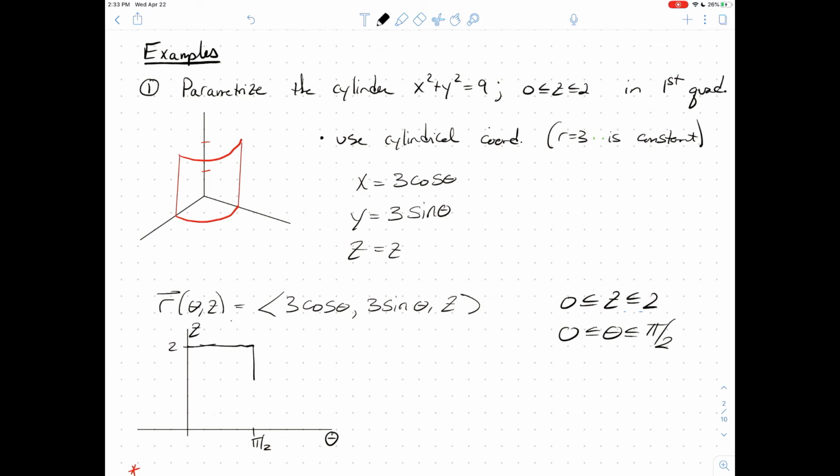So I get this region here where you can pick any point that you want. You pick a pair, theta, z, plug it into r. You get out a point x, y, z, and that point corresponds to a point on our surface. So let's switch to Mathematica, and I'll actually show you how this works, and then we'll look at some fun examples as well.